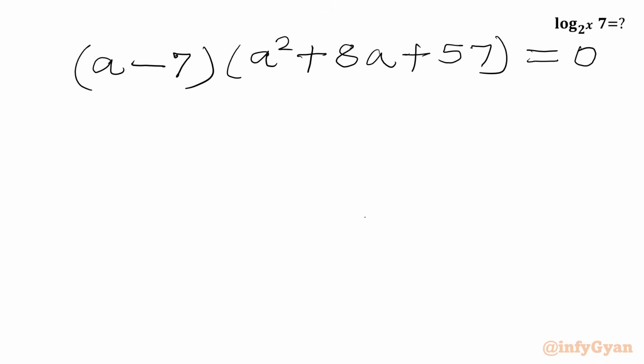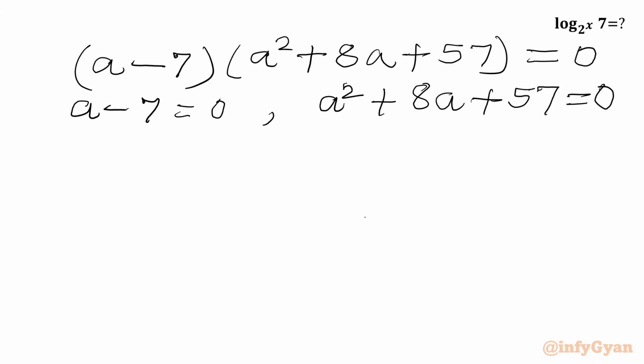Now we will use product 0 rule. So we can write either a minus 7 equal to 0 or a square plus 8a plus 57 equal to 0.